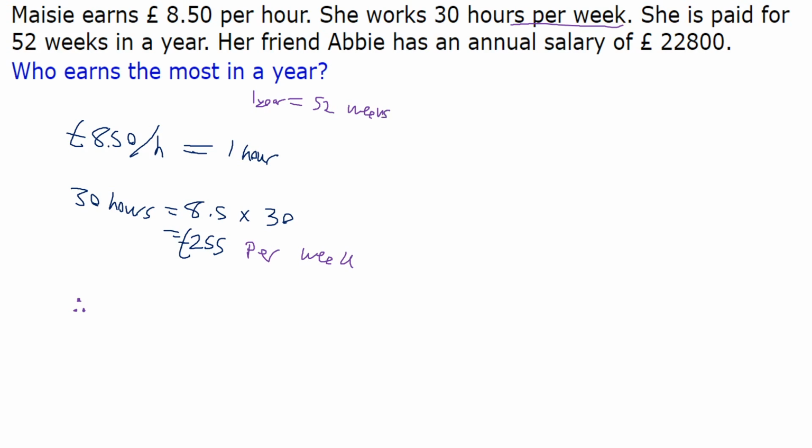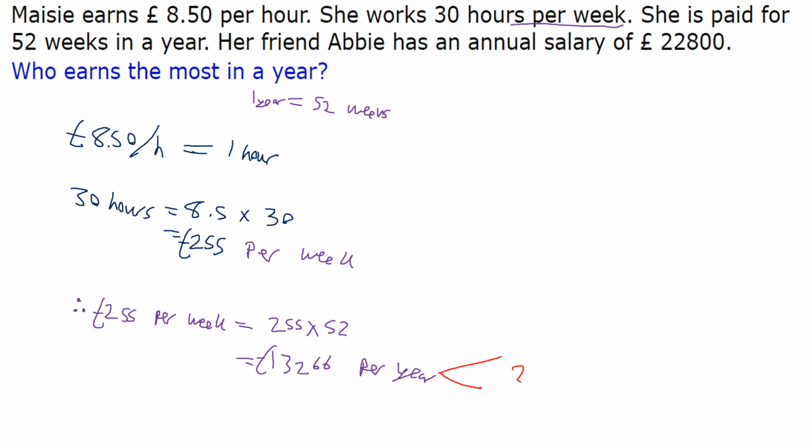And so therefore, 255 per week is equal to 255 times 52, which is equal to £13,266 per year. And as you can see from the question, that is clearly less than what her friend Abby makes, which is 22,800. And so Abby makes more money.